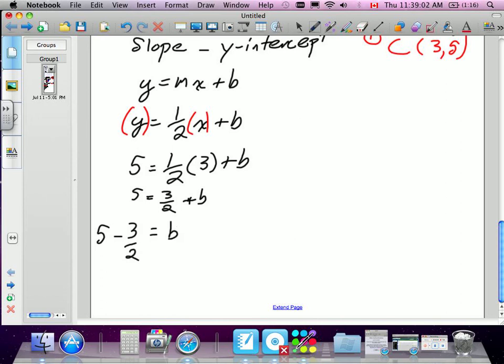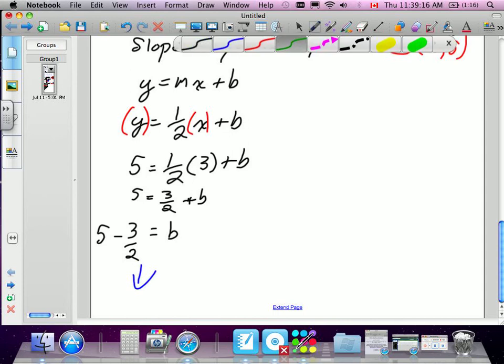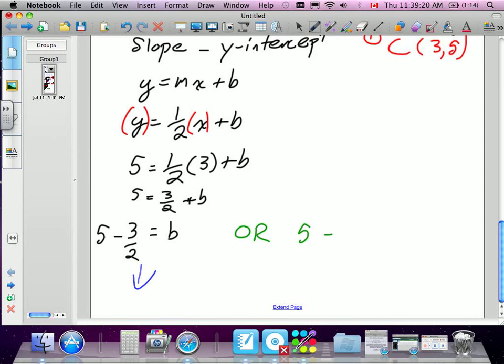Now, we're trying to find a y-intercept, so we have the option of leaving it as a fraction or a decimal. So what I'll do is I'll do the fraction on this side, and I'll do it in green as a decimal. Same question, okay? So 5 minus 3 over 2, anyone know what that is as a decimal? 1.5 equals b, okay? 5 minus 1.5? 3.5.